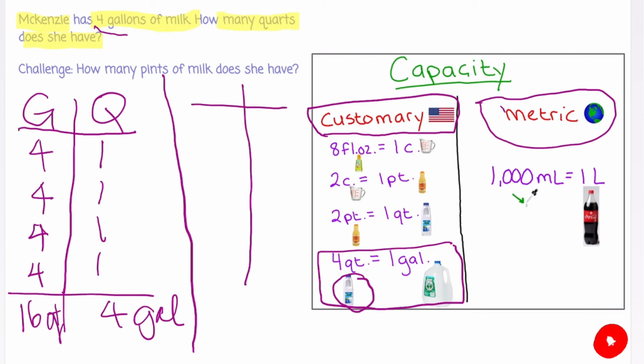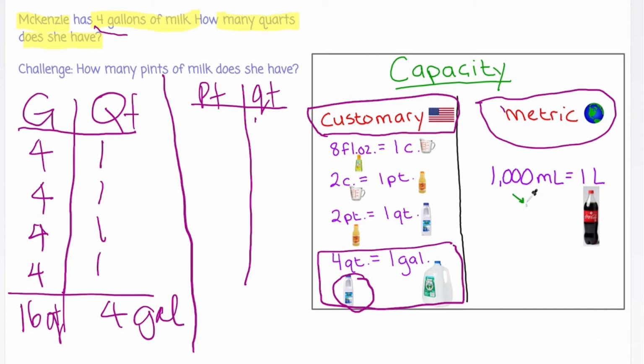And I'm going to call this T-chart pint and quart. Okay? Now, I know that she had 16 quarts. So I'm going to go ahead and put 16 quarts.